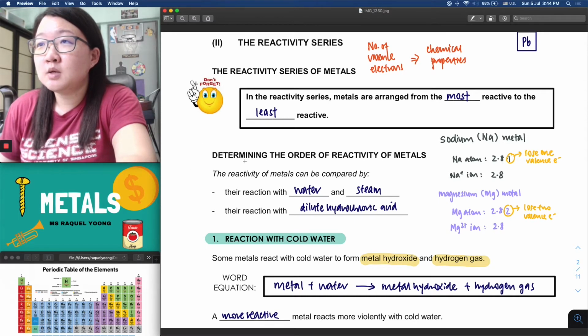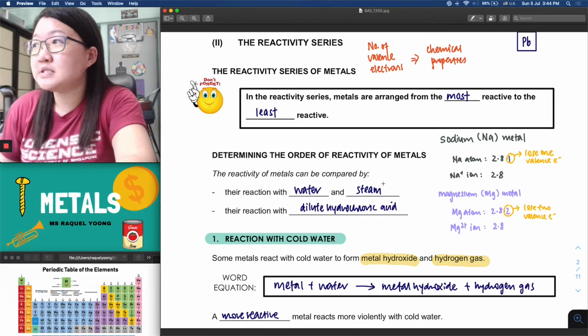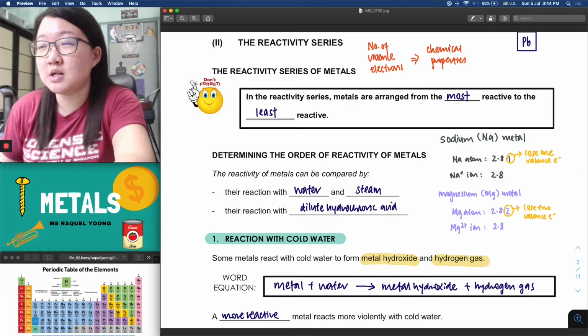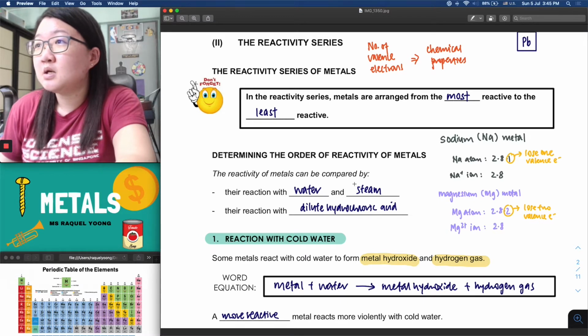So in determining the order of reactivity of metals, it can be done by comparing their reaction with water as well as steam. So steam basically is just water, but there's more energy being given to it. Water is in the liquid state, whereas steam is water in the gaseous state.